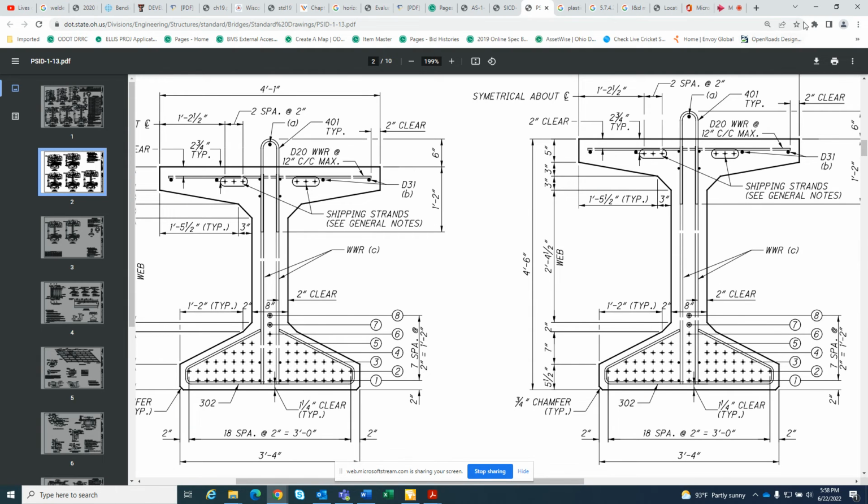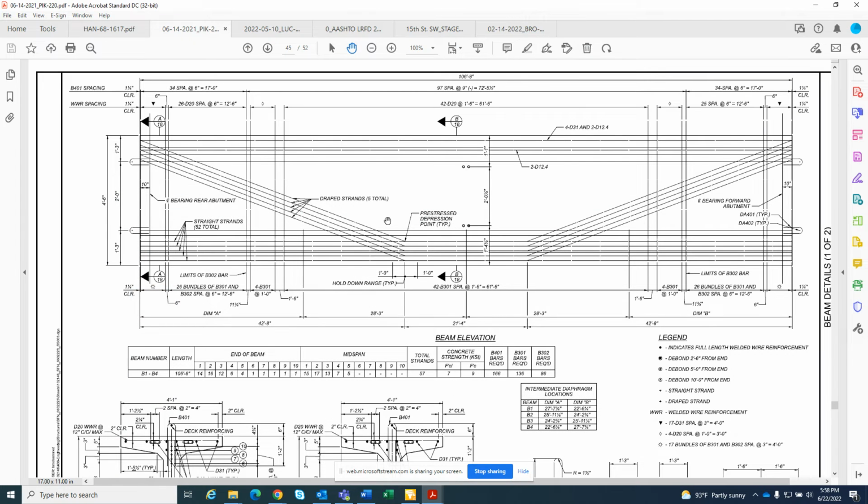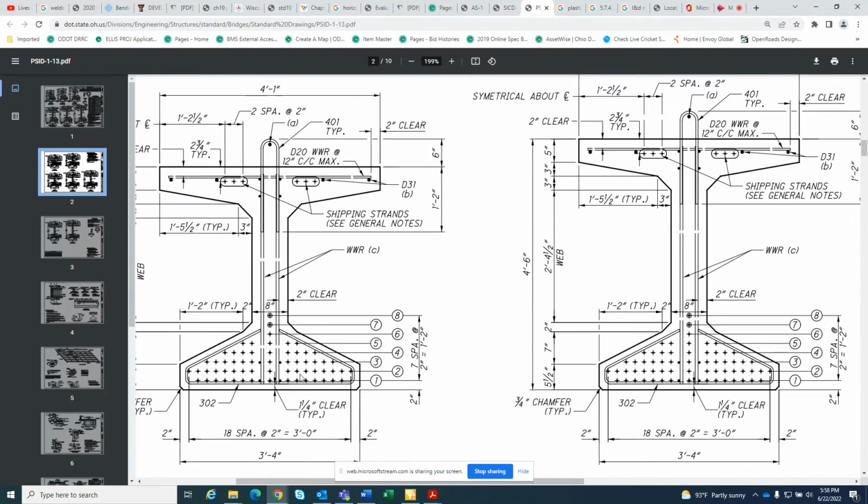So is that allowable? That's the question I asked Sean Meadows. I'm waiting for the response. And also I asked him, is this 401 rebar, can this be 501 rebar or 601 rebar? So I asked him that question, just waiting for it.